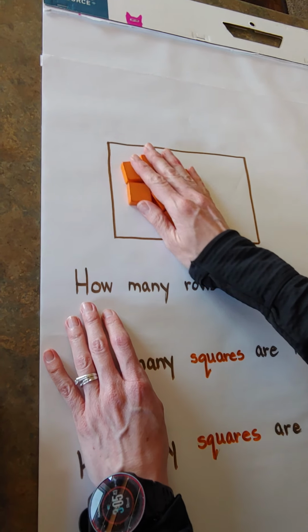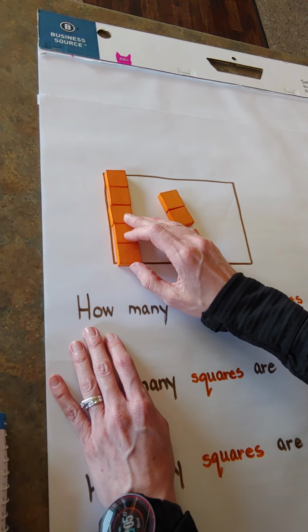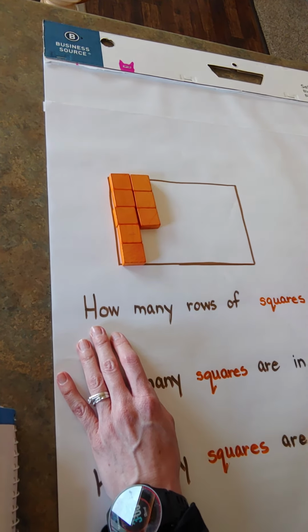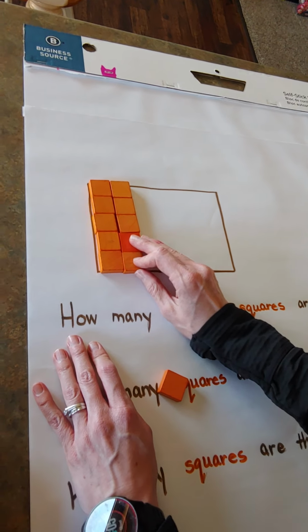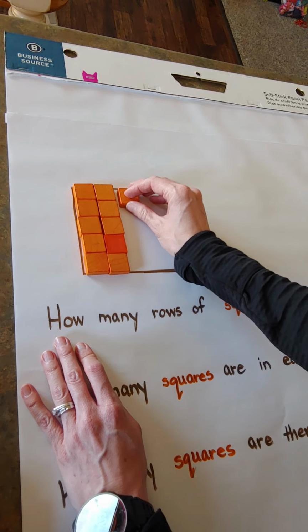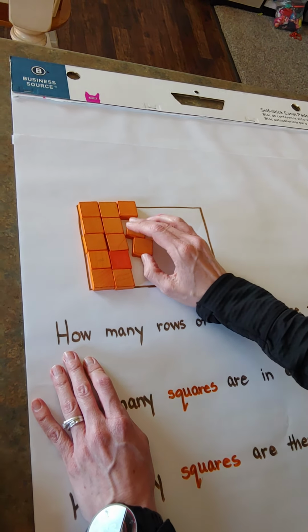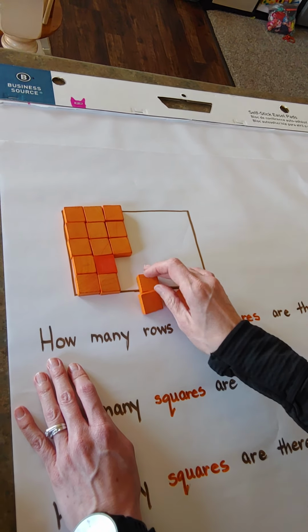But let's go ahead, and what's that fancy new word that we had here, friends? Oh, you got it again. Partition. We are going to partition this rectangle into squares. And partition means to break this shape into equal parts here.